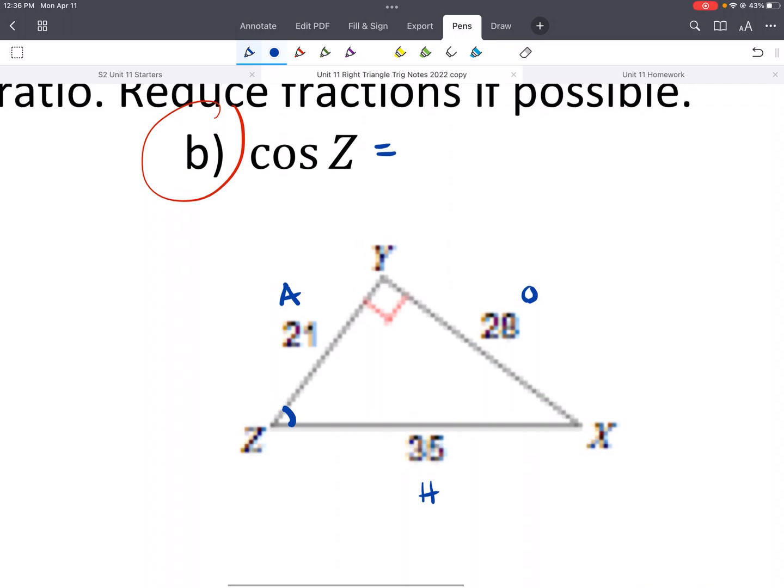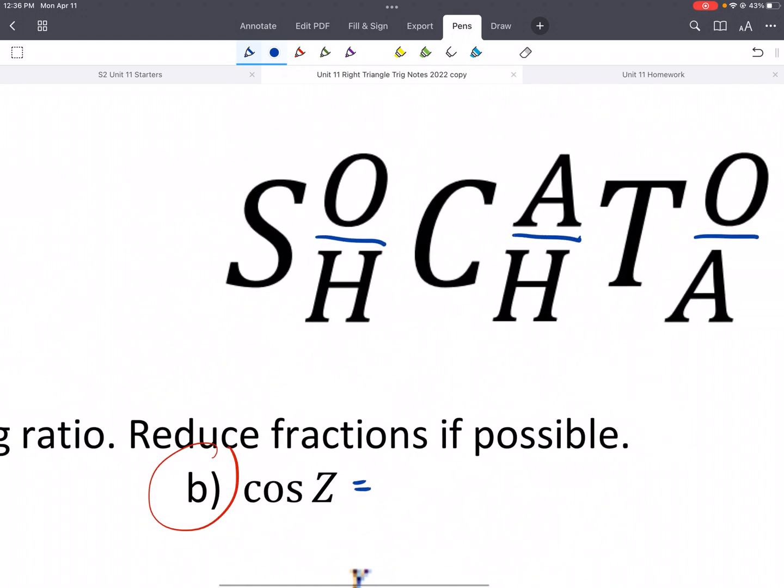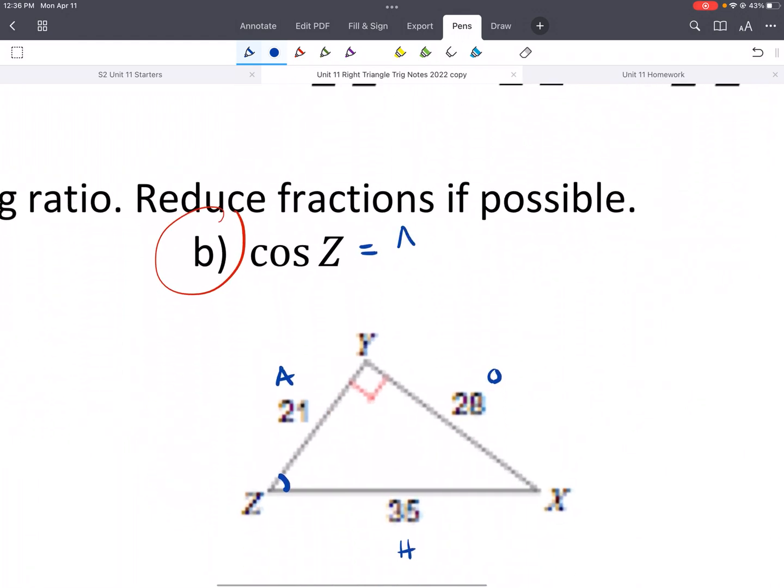So cosine, go up here. Cosine is adjacent over hypotenuse, and adjacent is 21, and hypotenuse is 35. Simplify, looks like we could divide top and bottom by 7, so we get 3/5.